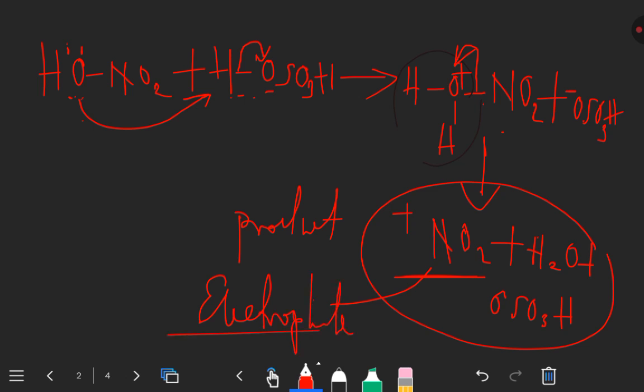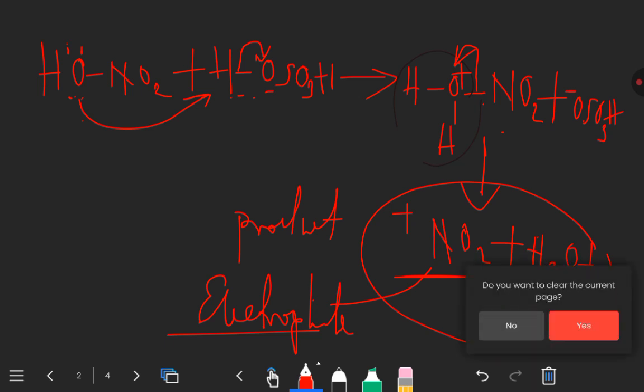So now we are going to react this electrophile with the benzene ring. So this will be our step 2. The next step will react the benzene ring with this electrophile. So how do we do this? We are just interested in NO2 plus.